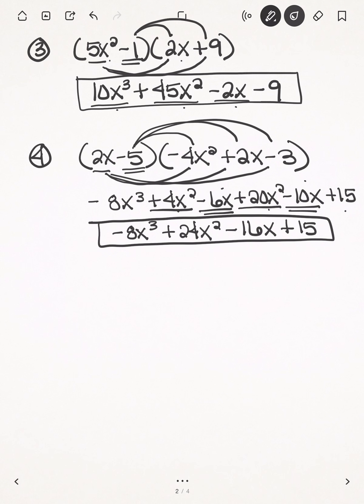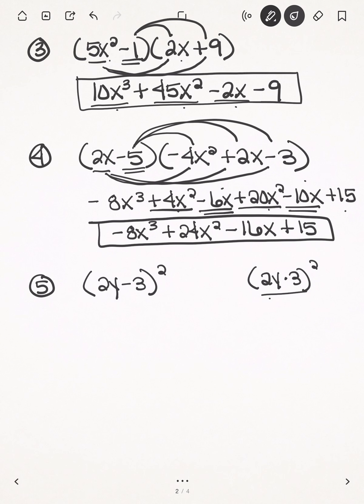Now there's one other type of problem that I wanted to work, and a lot of times people will do this one incorrectly. If you have 2y minus 3 raised to the second power, do not get that confused with something like this: 2y times 3 to the second power.